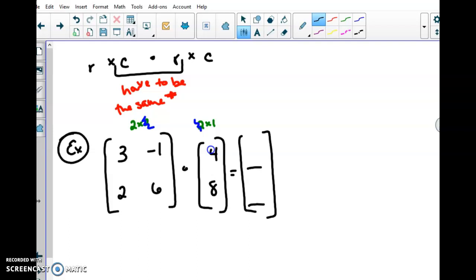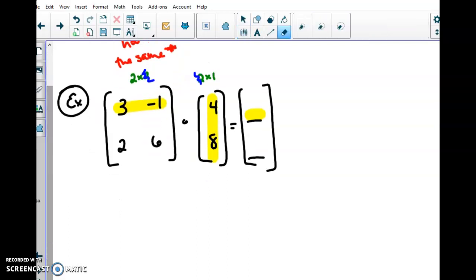When we're looking for these numbers, remember, it's multiplying the row by the column. So I'm going to multiply this by this in order to get that final answer.